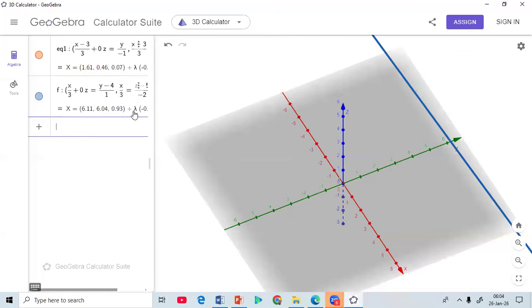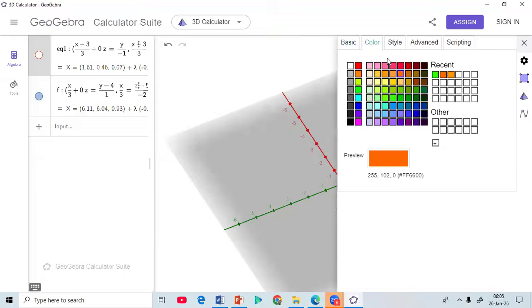I don't know whether you can see this line. Let me see whether I can get it very well.